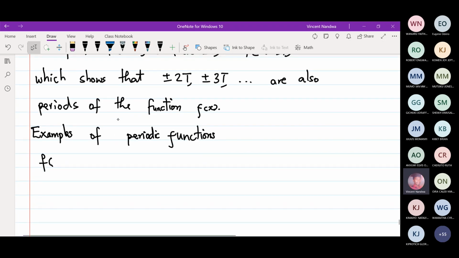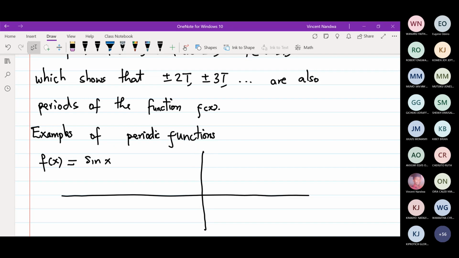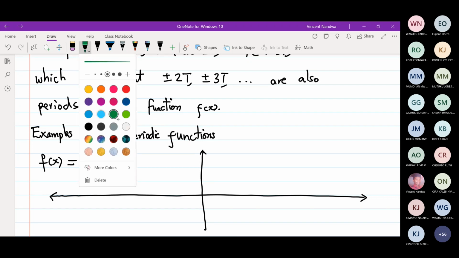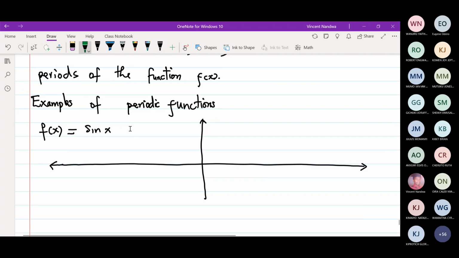So f of x equals sine x is a periodic function because if you are to sketch the graph of sine, it will take this shape.